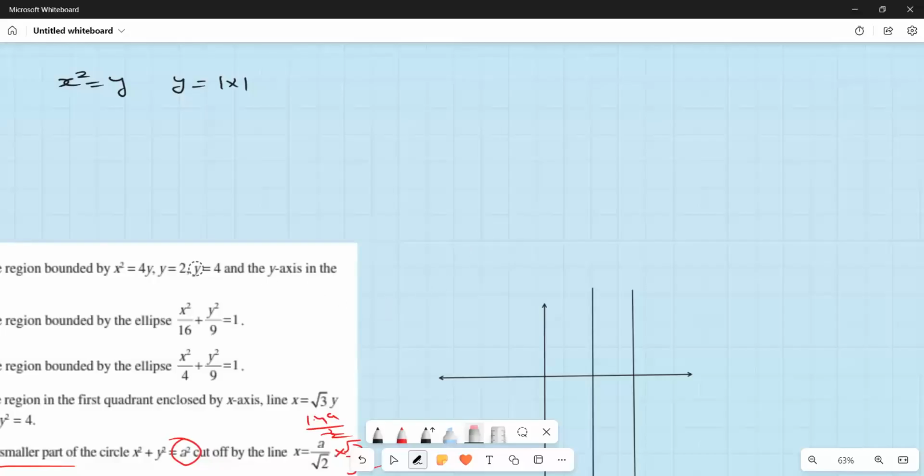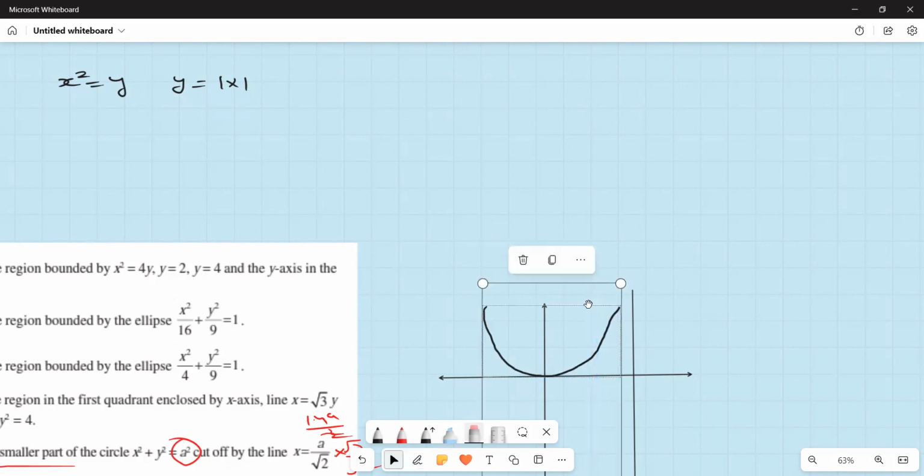so if we take this only. So this is this side of parabola, right? And y is equal to mod x means one line is this side and one line is this side.